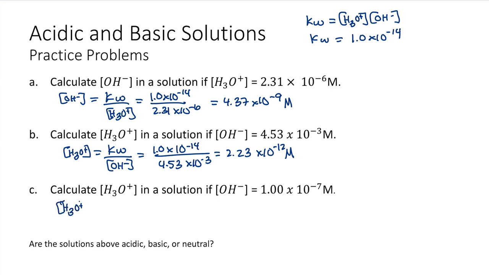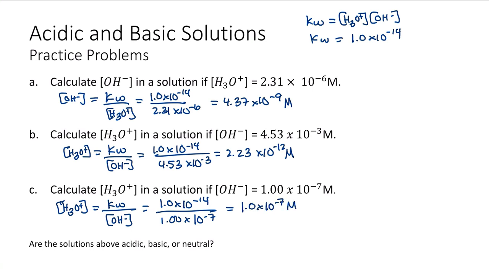The concentration of hydronium ion is equal to Kw over the concentration of hydroxide. I can plug my values in, 1 times 10 to the negative 14 for Kw, and 1.00 times 10 to the negative 7 for hydroxide, and that gives me 1.0 times 10 to the negative 7 for the concentration of hydronium ion.